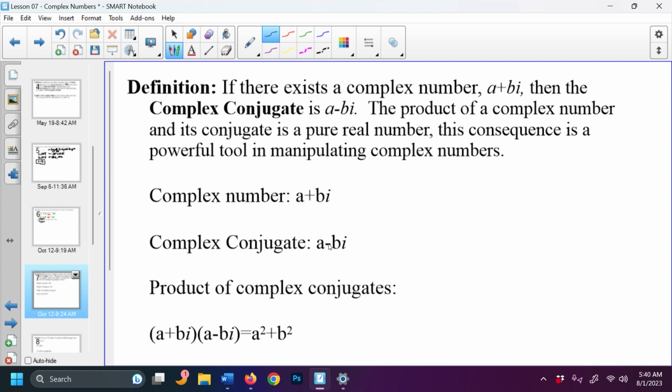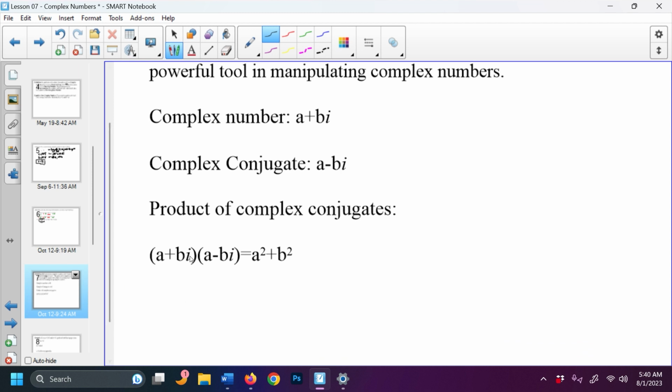The only sign that changes is the sign in the middle. That's where I see the most common errors, is students will change both signs when you're just changing that sign between the real part and the imaginary part. Notice when you multiply two complex conjugates, this i will cancel out.